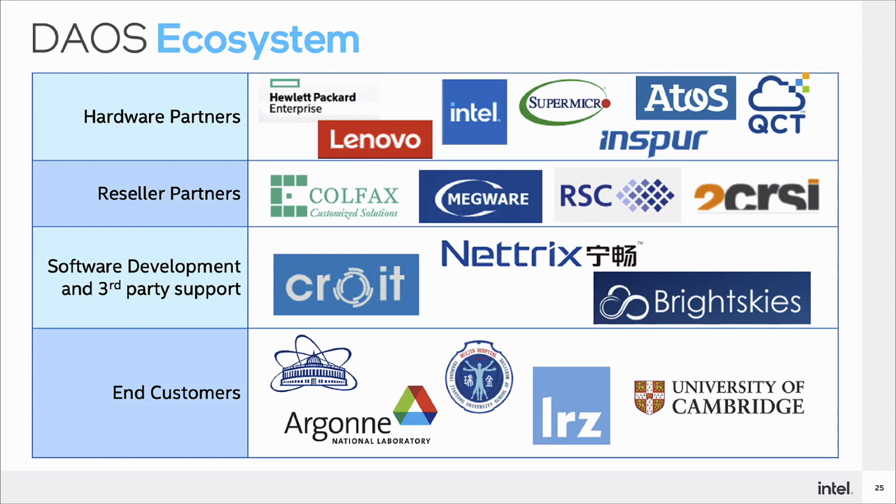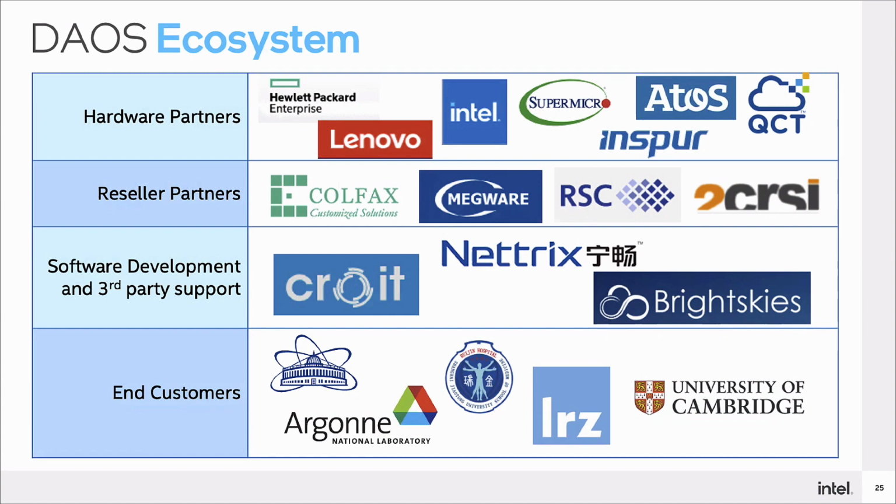But we're really pleased with the progress that we've made so far on the hardware partner side. I think folks like Hewlett-Packard and Lenovo have made a lot of public statements about DAOS already. They've presented at DAOS user groups. We're starting to see that set of partners expand as well.